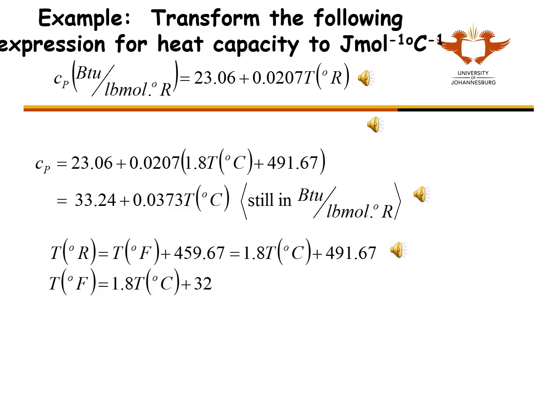In this expression for heat capacity, temperature is entered in degrees centigrade, and then automatically converted to Fahrenheit. The answer obtained will still be in the American engineering units. The expression therefore needs to be multiplied by conversion units to convert to the SI units.